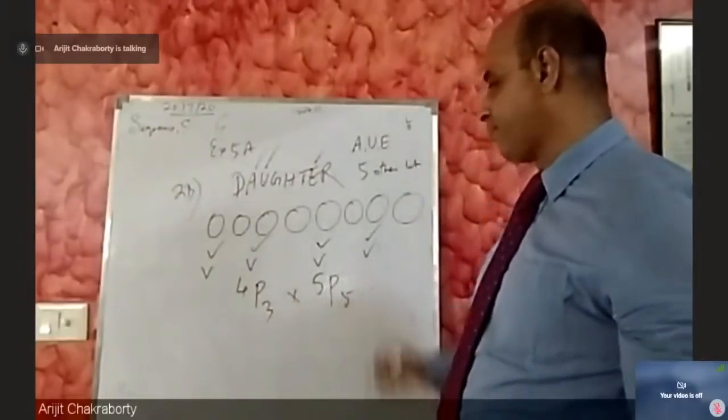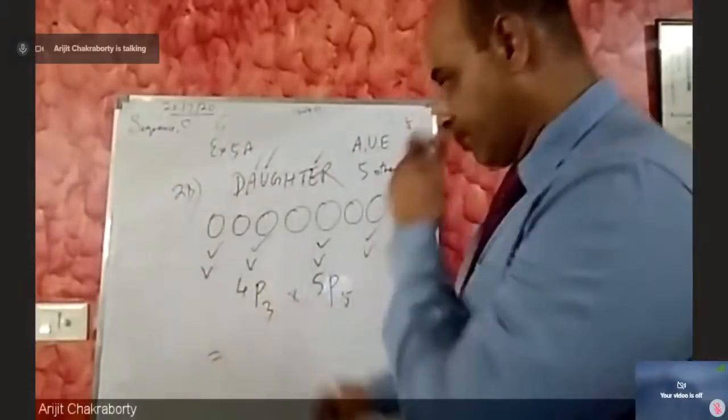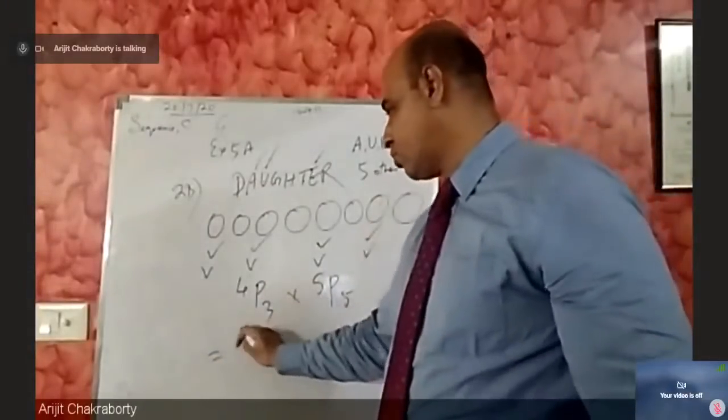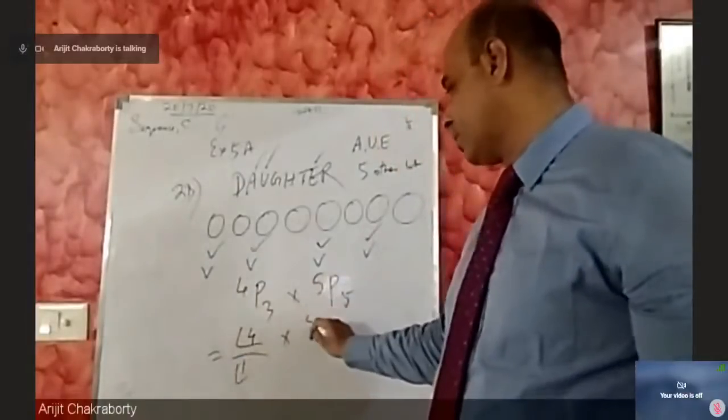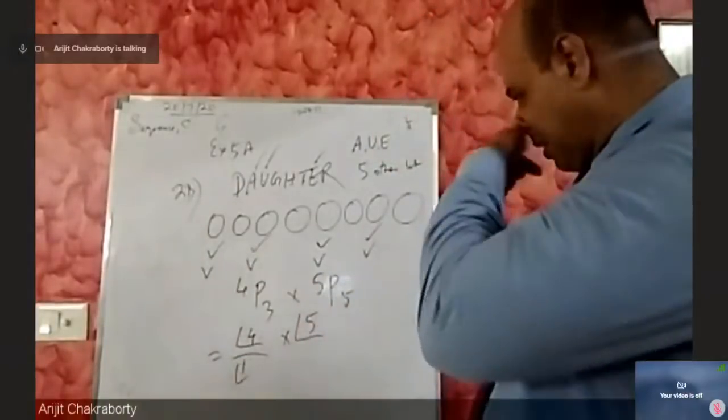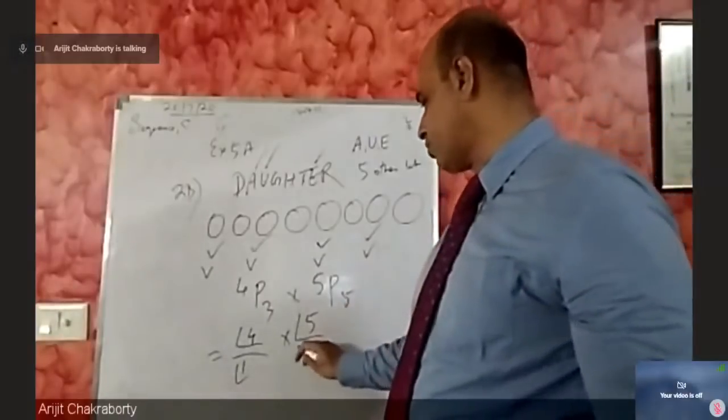Right? 5P5. So let us compute. 4P3 is 4 factorial by 4 minus 3, that is 1 factorial, into 5P5. 5 minus 5 is 0 factorial.